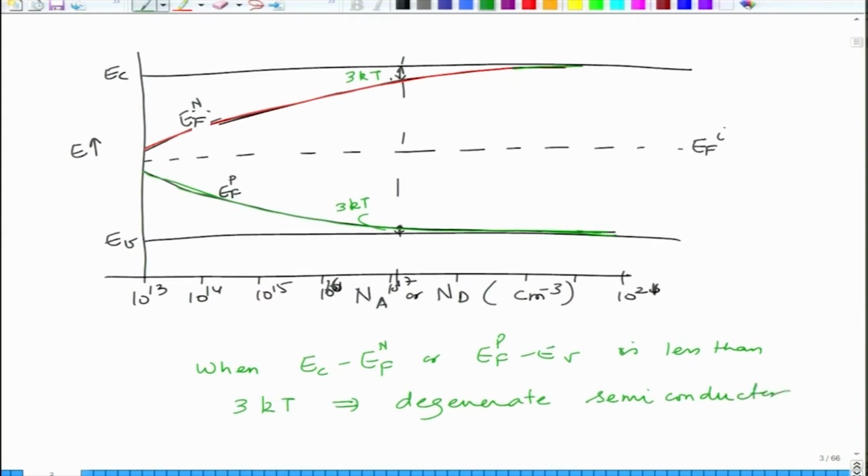It becomes like a metal, okay. So, essentially the Fermi level is almost merged into the valence or conduction band, alright. So, this is the effect of concentration on Fermi level.